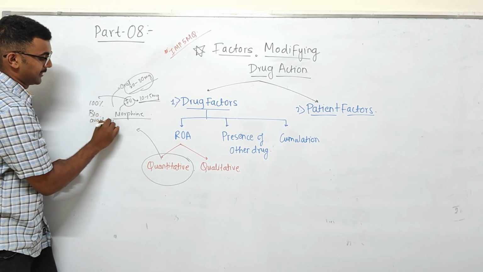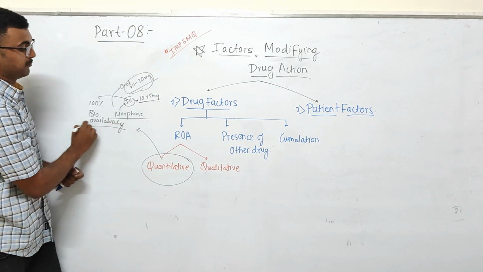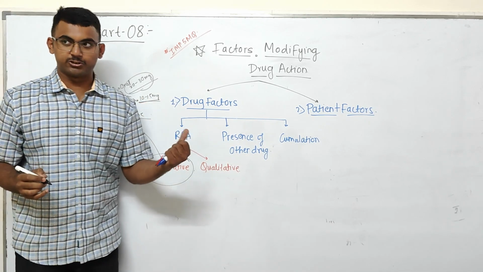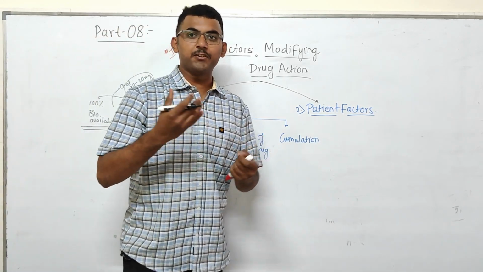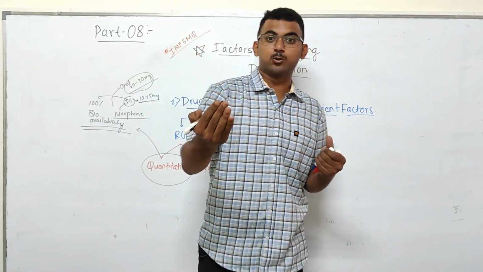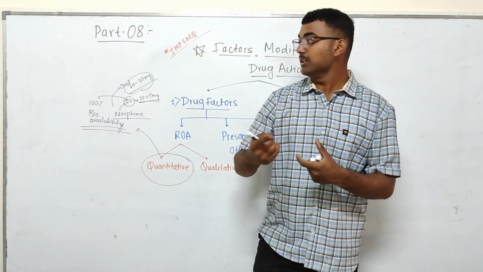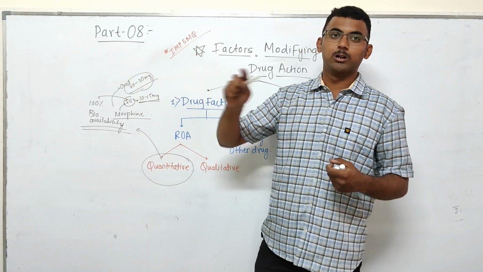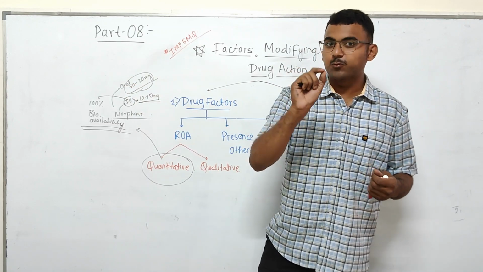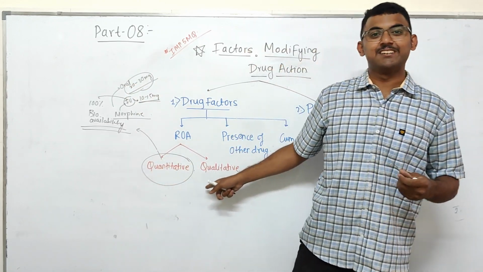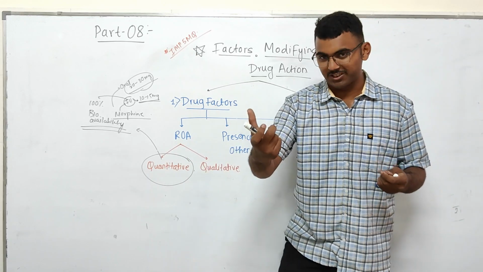Because of this, when the drug is given in IV format, the concentration of the drug is less compared to the drug given by the oral route. This is your quantitative factor, the quantity of the drug.